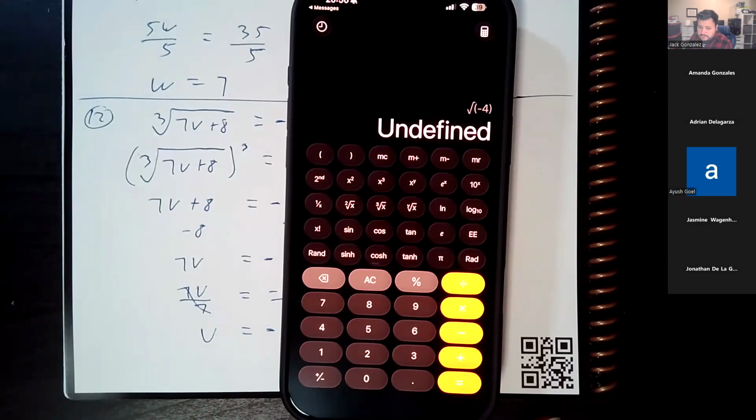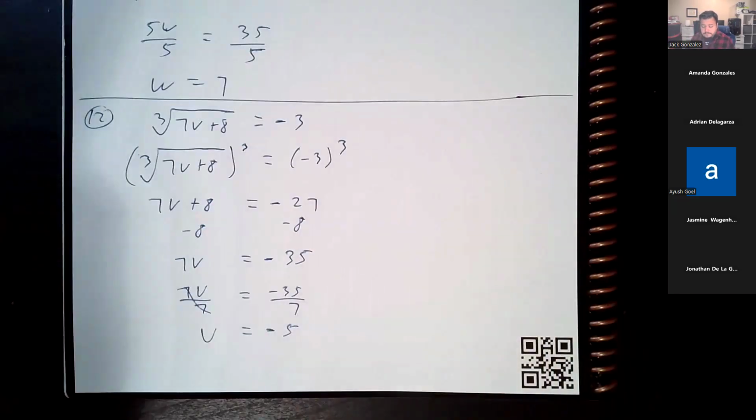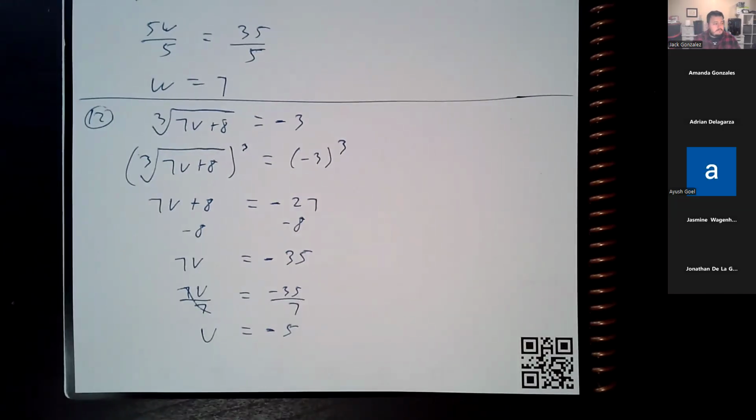So even roots cannot do negatives, but odd roots can. Righty.